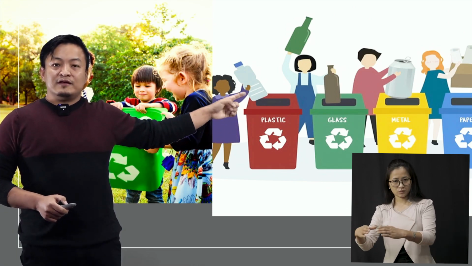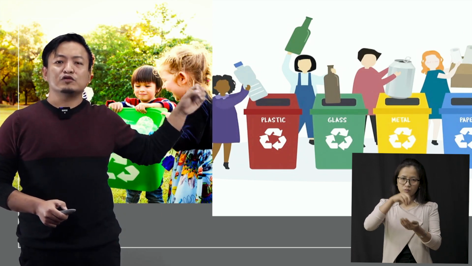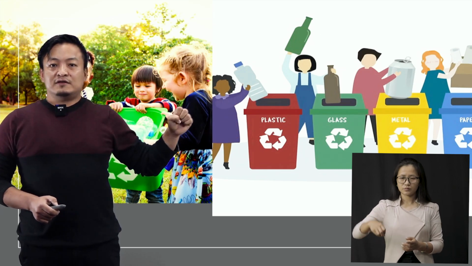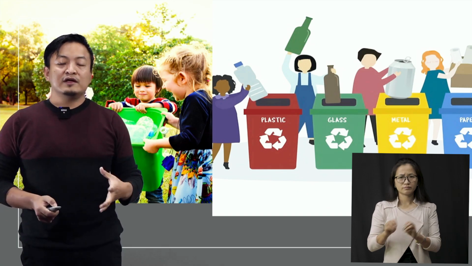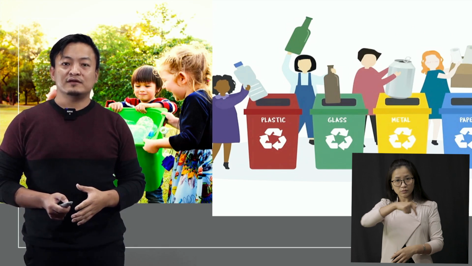So, like her, you should put all the unwanted things, all the waste, in the trash. You should not put the waste here and there. You should not throw the unwanted things around our surroundings.